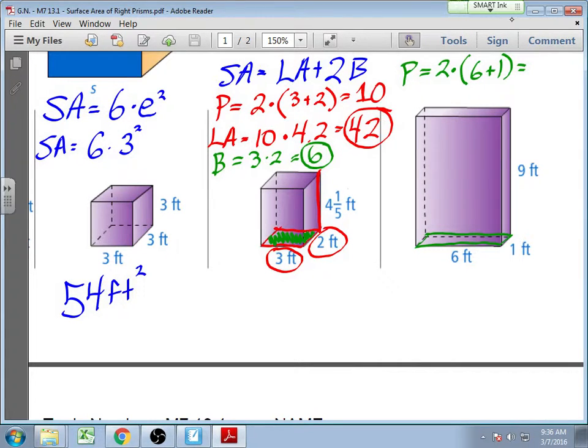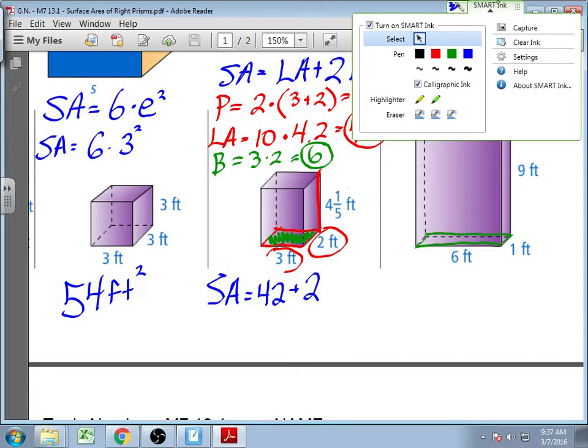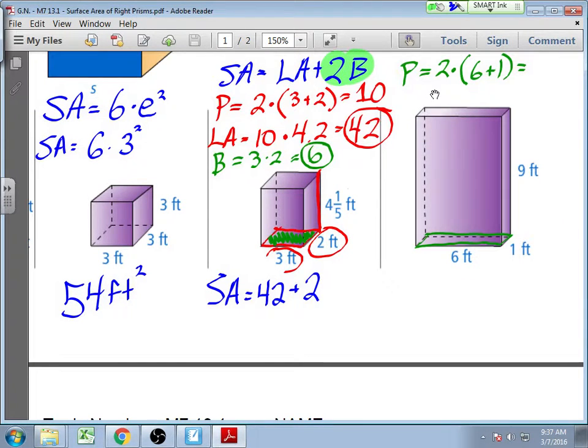So then when I get down here, surface area is going to equal that 42 plus 2 times the big B. One of the biggest mistakes I see people make is they forget that it's 2 times your big B. So 2 times my big B was 6. This becomes 42 plus 12. And in final, it's 54 feet squared.